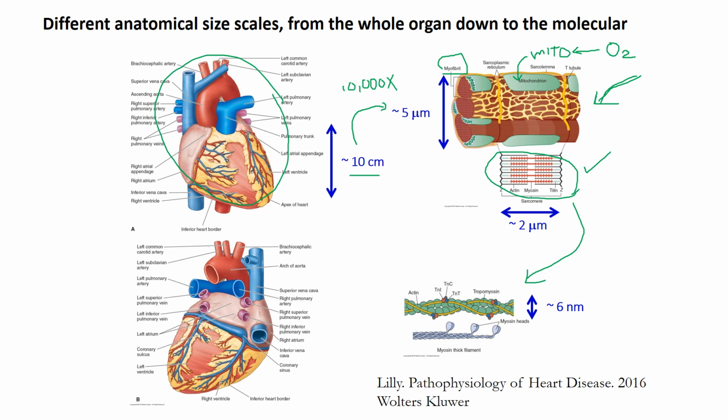Right? So if your heart were the size of a house, these few bundles of myofibrils would be like the size of a pencil lead. So now zooming down to one of these individual actin filaments, we have another 1,000-fold size difference, right?